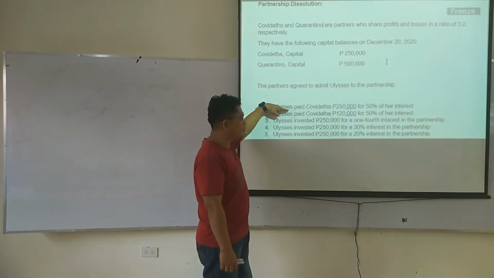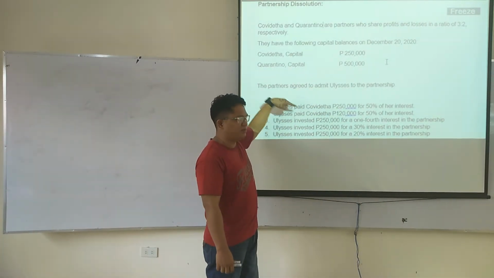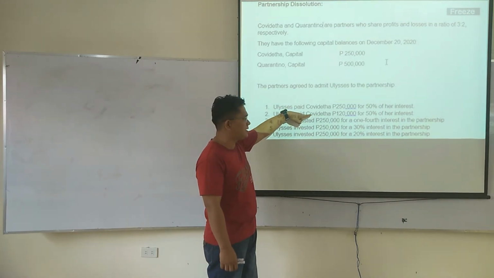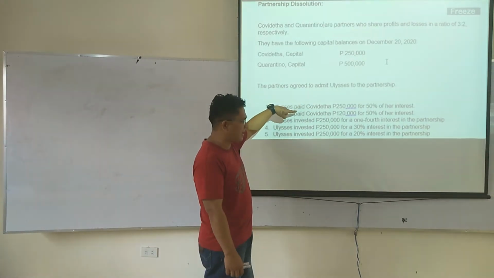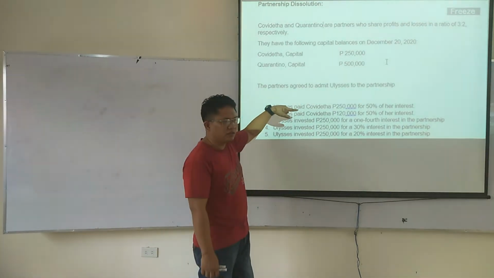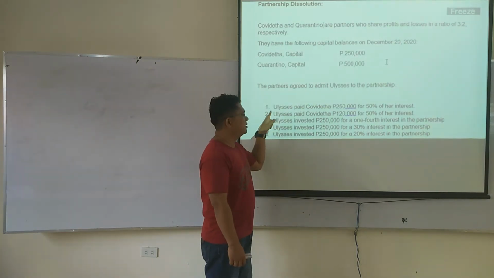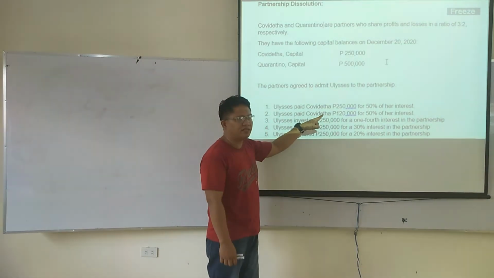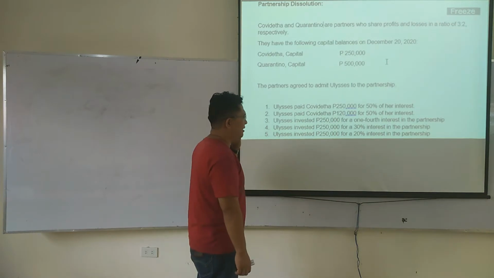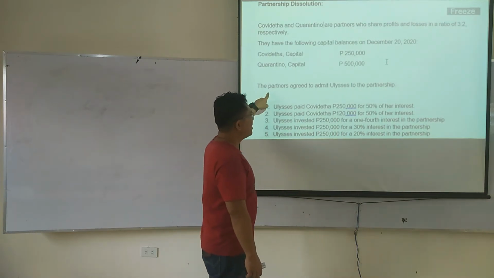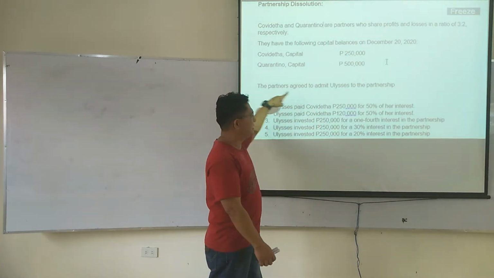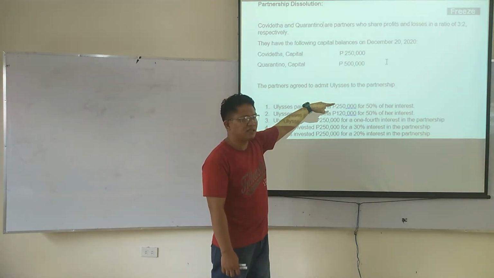So Ulysses will be purchasing Cobilita's interest by paying directly to Cobilita. So take note, although Ulysses will be paying Cobilita, the partners agree to admit Ulysses.